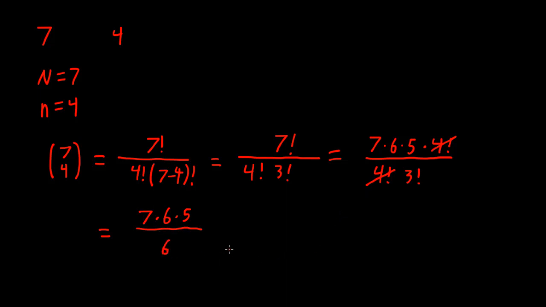So we get 7 times 6 times 5 over 6. We can do a cancellation again, cancelling out 6 and 6. So we now get 7 times 5, which is equal to 35. That's a simple example of how we can use the combinations formula to calculate those different possible outcomes. And we can use this for much larger numbers to make that calculation significantly easier than writing out all the possibilities.